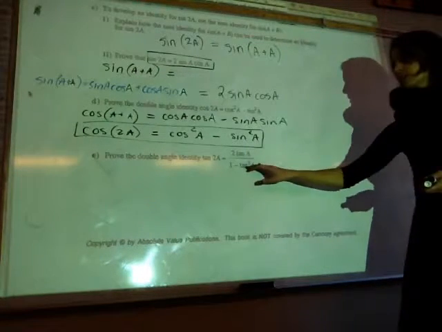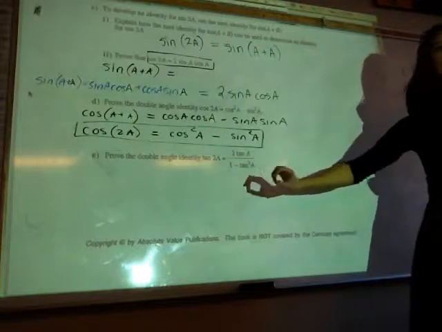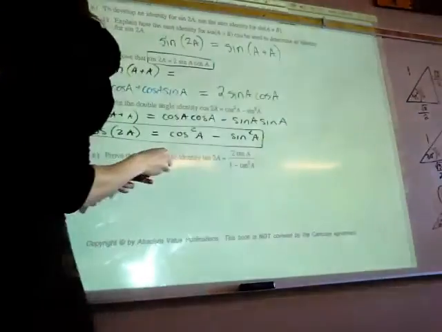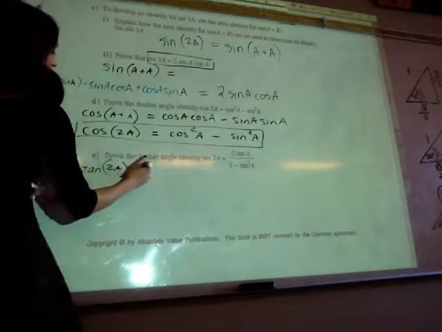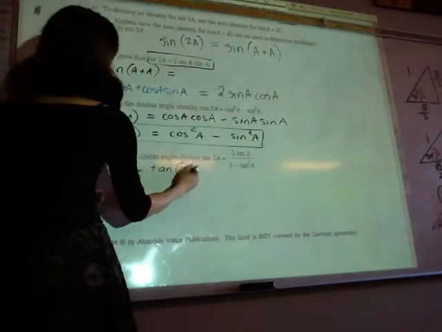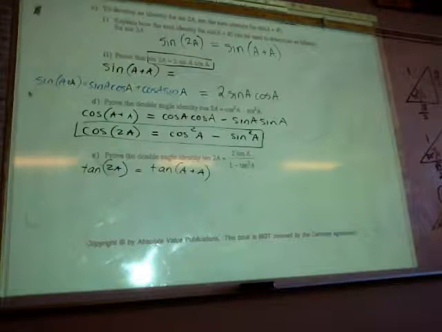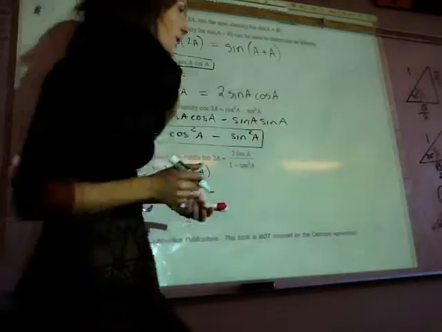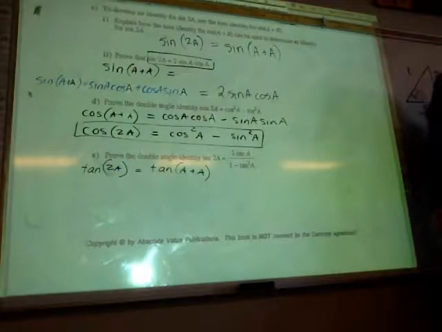Do you guys think we need to go through proving the double angle identity for tan? Yeah? Okay. So tan 2a can be rewritten as tan a plus a. And we just have to apply the sum identity for tan now. So looking at the board over here, this is our tan identity for sum.